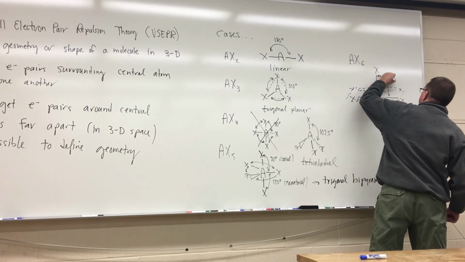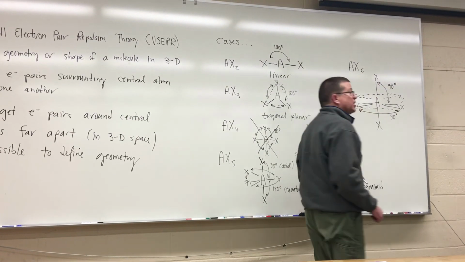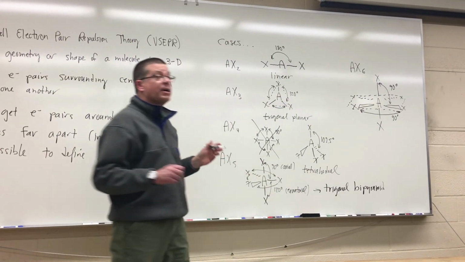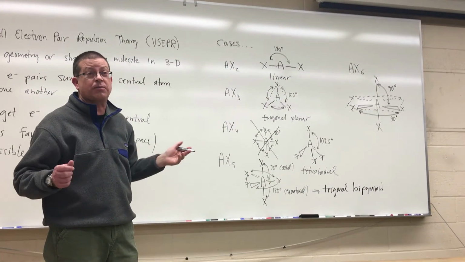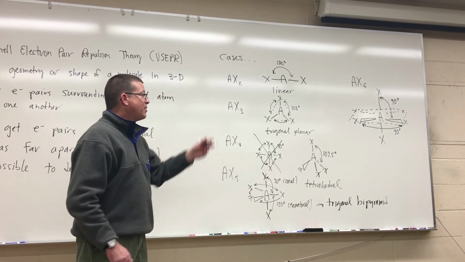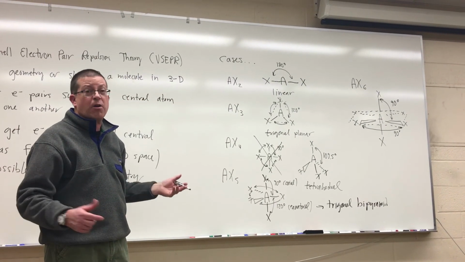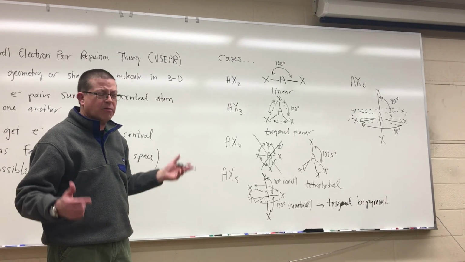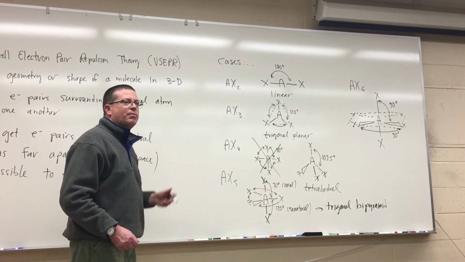Okay, so in the case of the AX6 situation, all of my bond angles are the same, regardless of whether they're axial or equatorial. All right? So we have a name for this. We could call it a square bipyramid if we wanted to. That would be acceptable, but we actually have a better name for it.